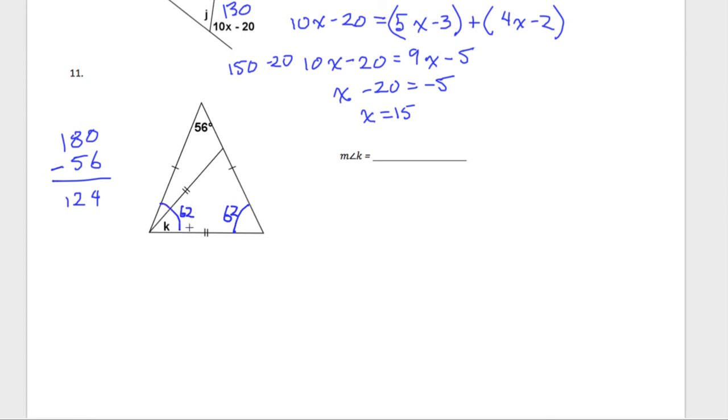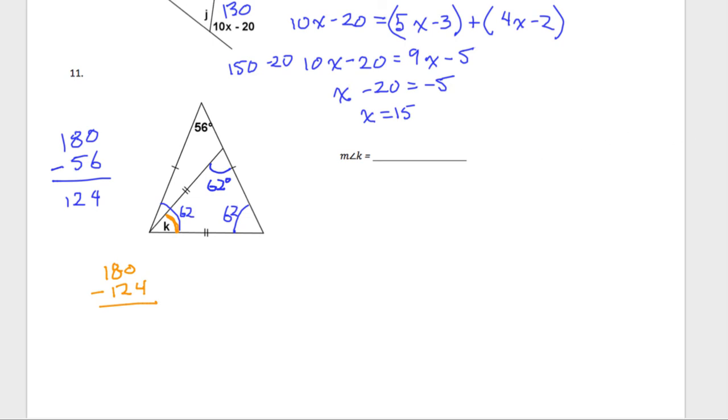And that seems like it doesn't really help us, but then I realize that this length and this length are the same, which means that this angle is also 62 degrees. Well, now I can find this new angle, this actual angle K, because I have these base angles for the isosceles. So if I add 62 and 62, I get 124, and then I can do 180 minus the 124 to get back to K, because there are 180 degrees in a triangle.